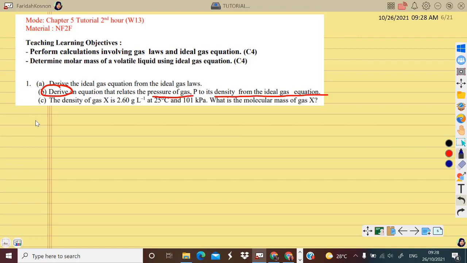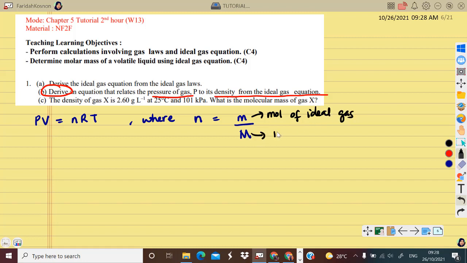So starting from ideal gas equation, PV equals to nRT, okay, where n is mole of gas which is equals to mass divided by molar mass. So kita tahu ini adalah mass of ideal gas.